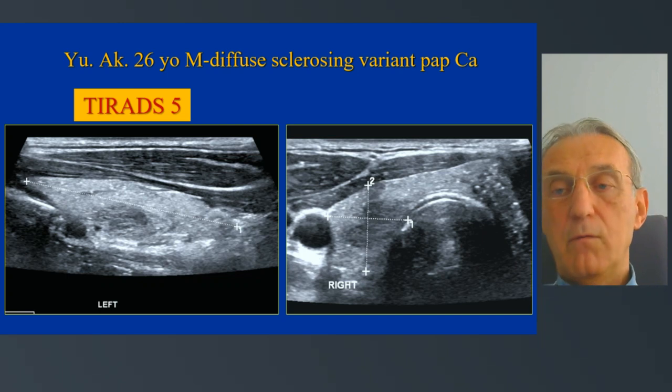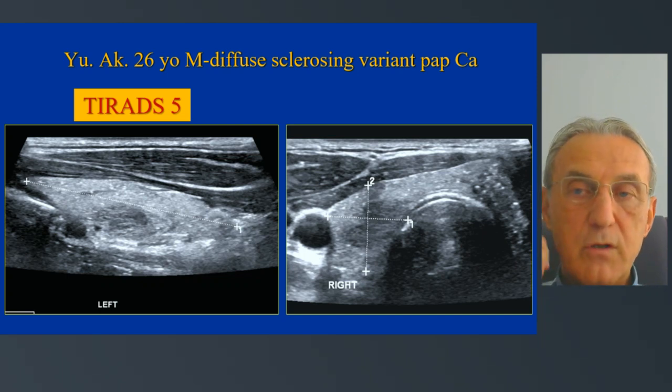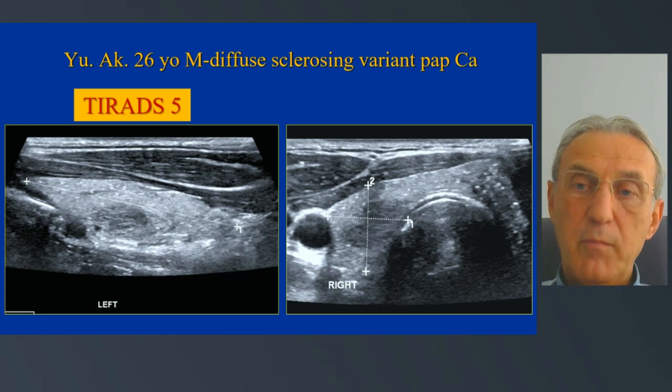Sometimes, rarely, we can see, especially in children and in young patients, diffuse sclerosing variants of papillary cancer.